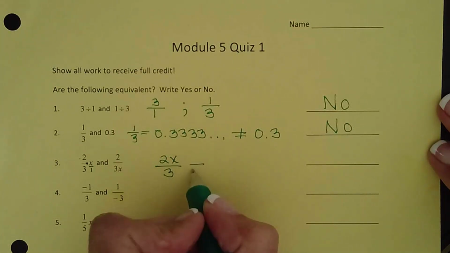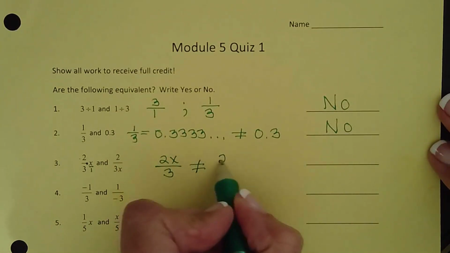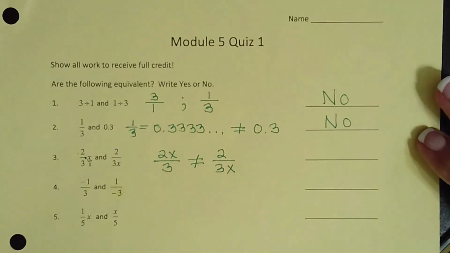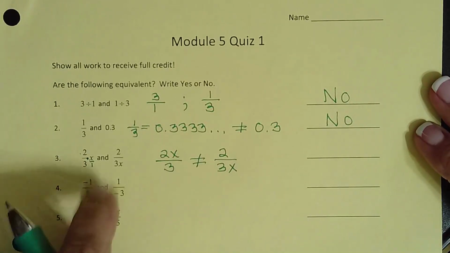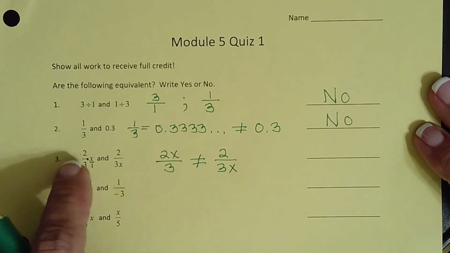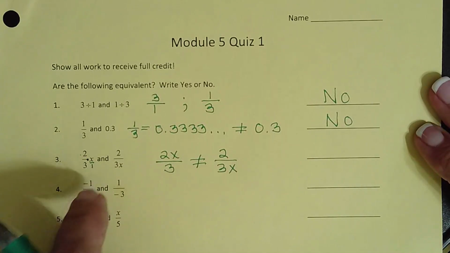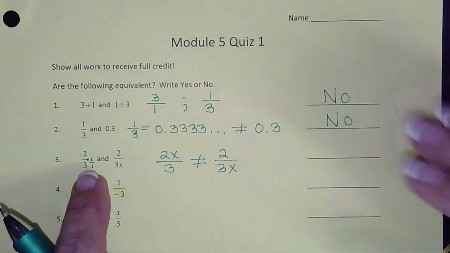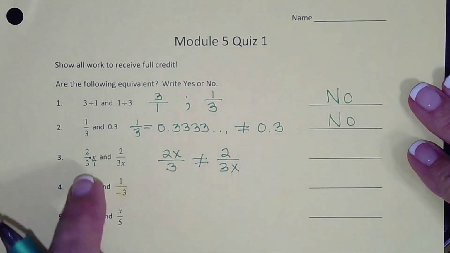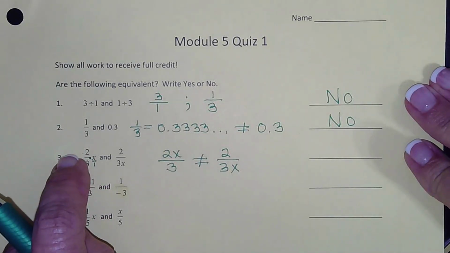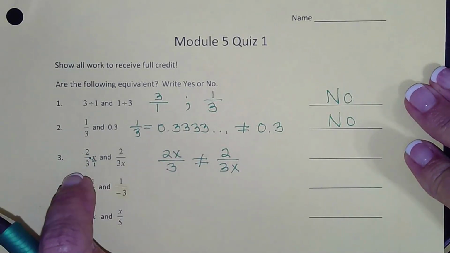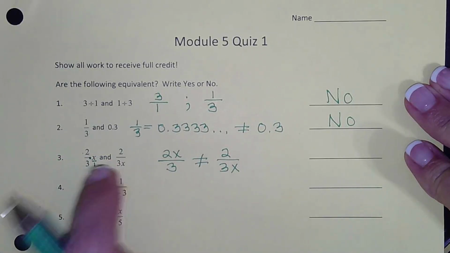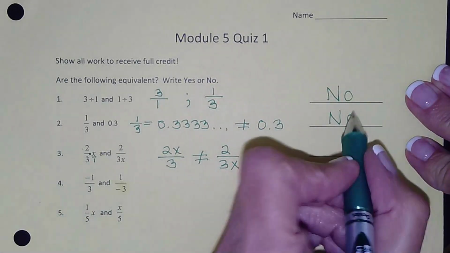And that is not the same thing as 2 over 3x. So that would be what I would write on my paper, just so you know the difference. So when there's a whole number out there, that means it's over 1. I'm going to turn my light on so that there's no shadow. So 2 times x is 2x. 3 times 1 is 3, because in multiplication we multiply straight across. So another no.